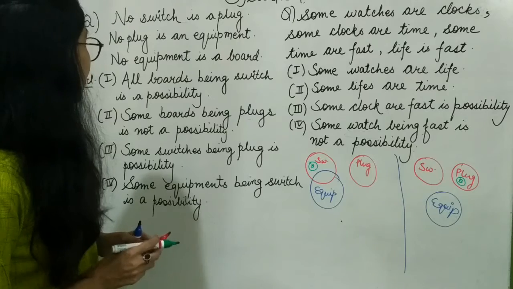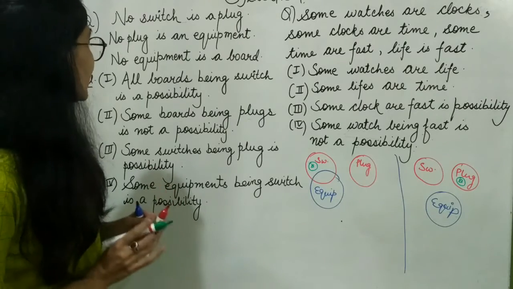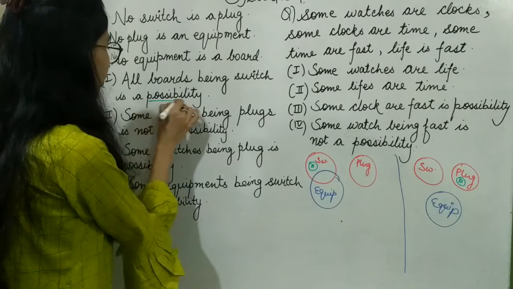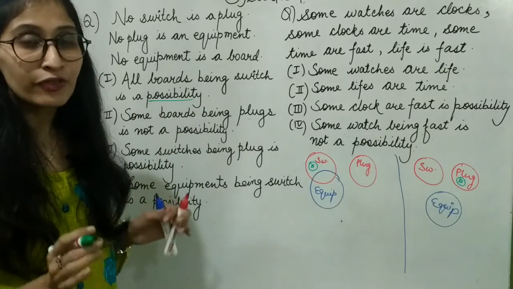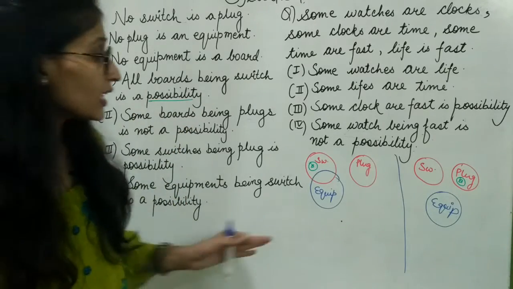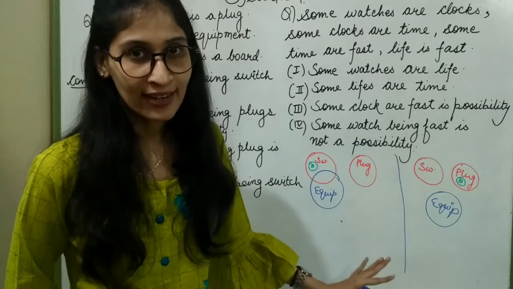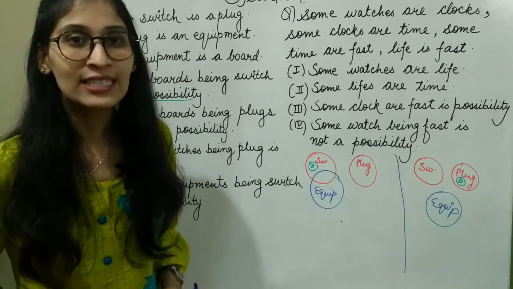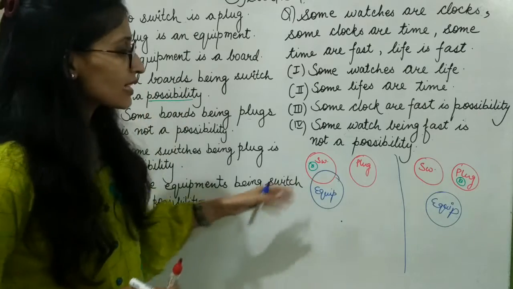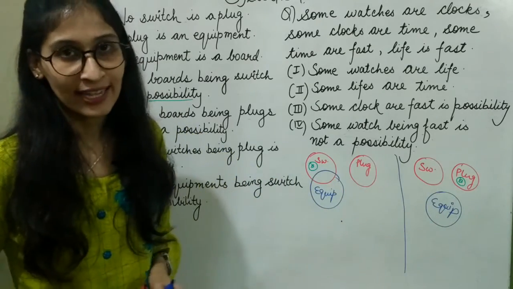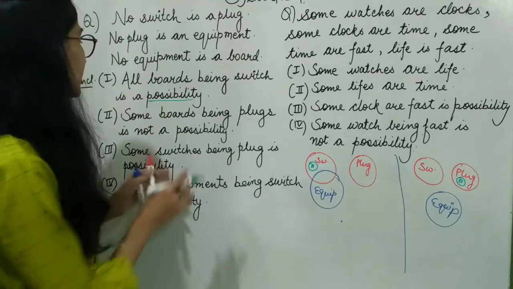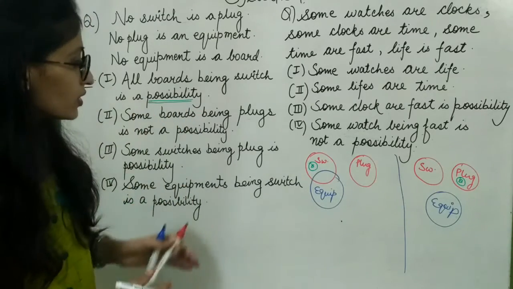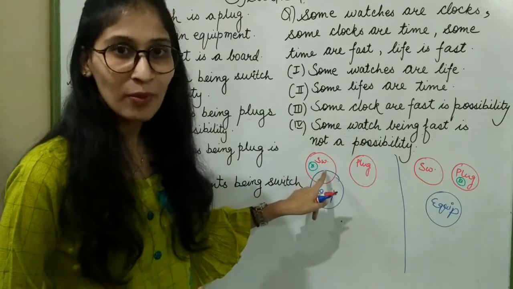Now let's start with our conclusions. First conclusion is saying all boards being switches is a possibility. Now the word possibility means if the conclusion is satisfying any one of the Venn diagrams, then the conclusion is true. It is not necessary that the conclusion satisfies all my Venn diagrams. So it is important to note the word possibility.